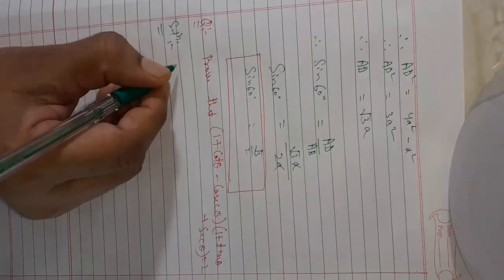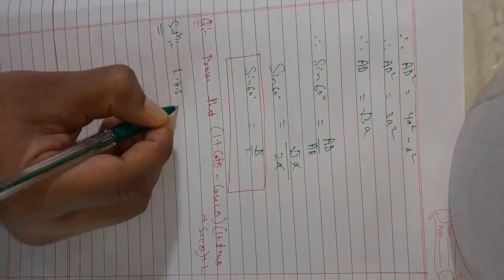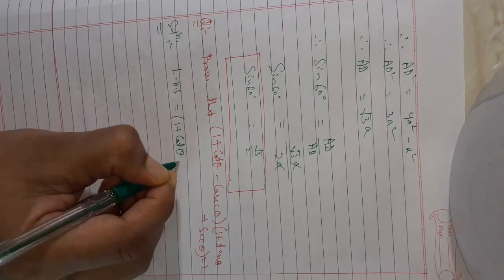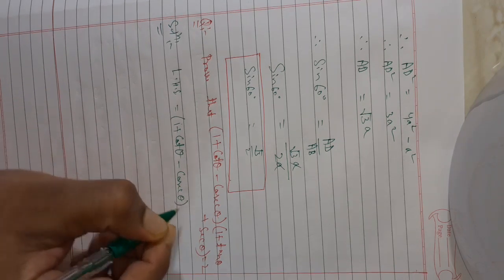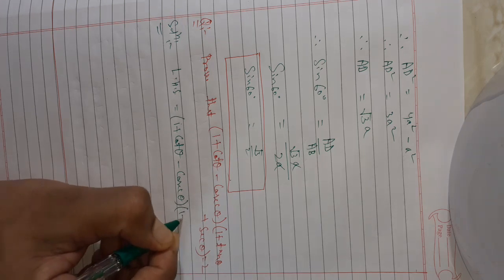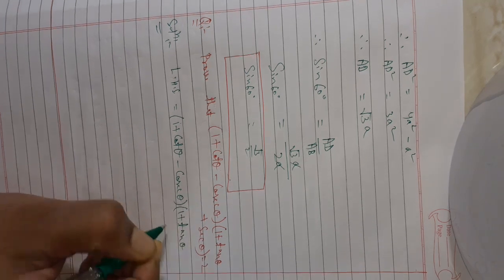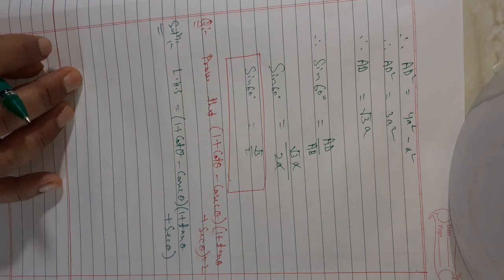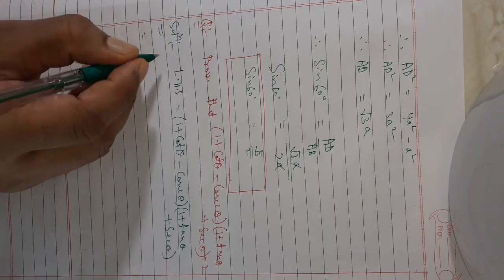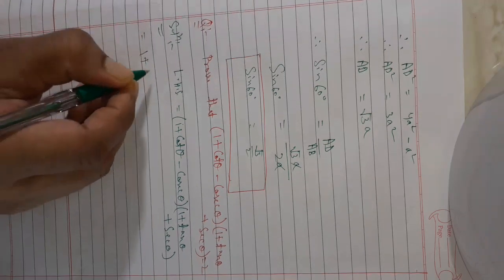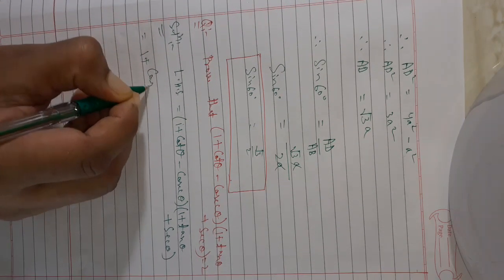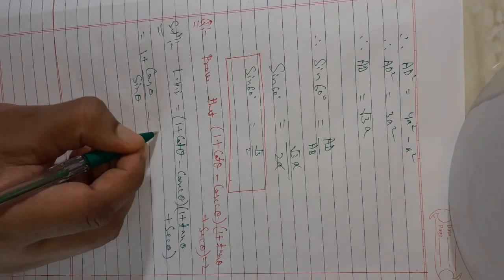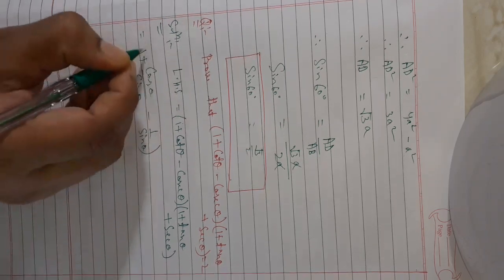What is the LHS? Write LHS here. LHS is equal to (1 plus cot theta minus cosec theta) in bracket (1 plus tan theta plus sec theta). So this is equal to 1 plus cos theta upon sin theta minus 1 upon sin theta.